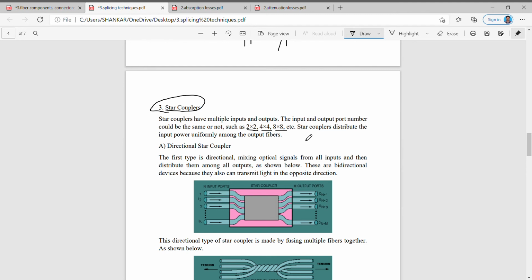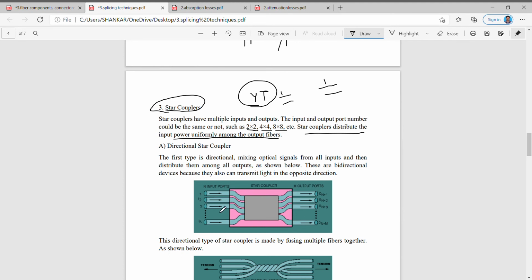The star coupler distributes the input power uniformly among the output fibers, whereas the Y coupler and T coupler cannot distribute the power equally to all the output ports. The star coupler gives power uniformly to the outputs. Whatever power you have at the input should be given at the output: for one input there is one output, for a second input there is a second output.